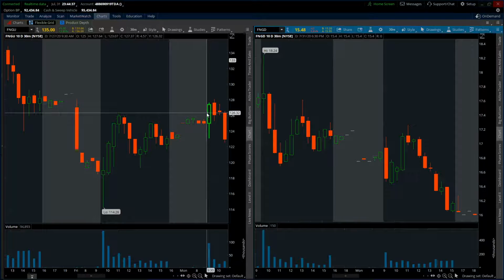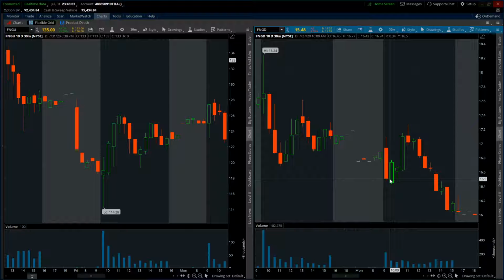This one, you're trying to sell it as high as possible. So it goes up there and you sell it. 127.50. And the other one, you buy here. I think I was looking at the wrong date. Whatever.